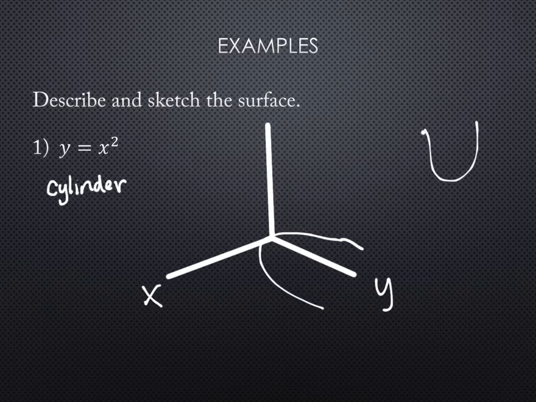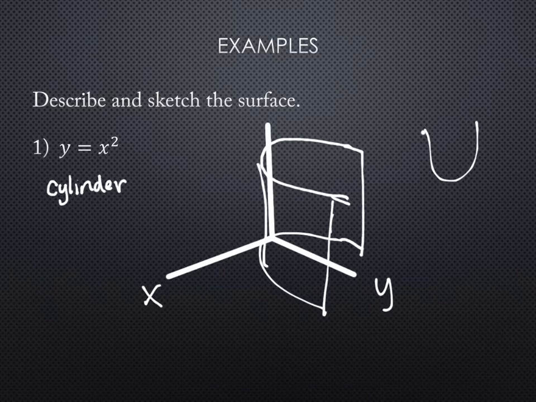Okay, so what we're going to do is draw that same image up here. And then we're connecting it, like so. Can you imagine taking a piece of cardboard and sort of curving it? That's the image that I feel like this looks like, a piece of cardboard curved.